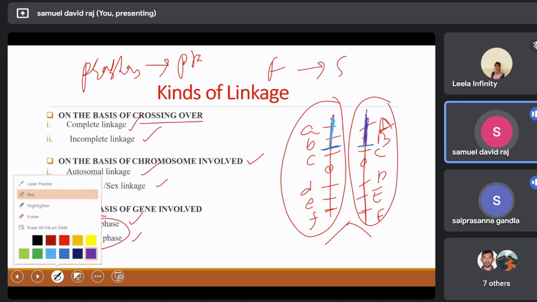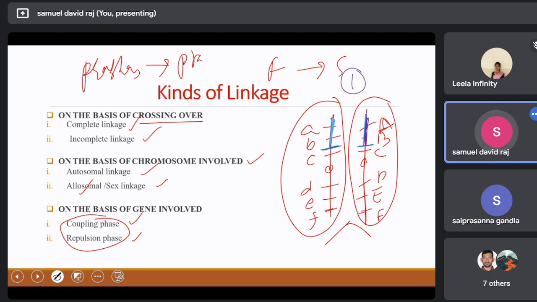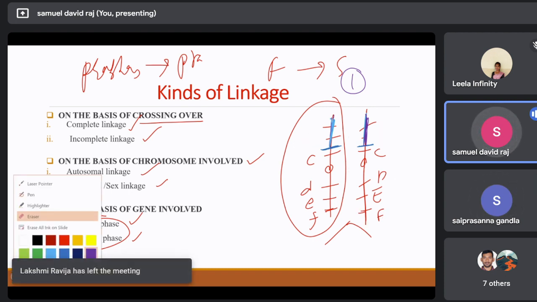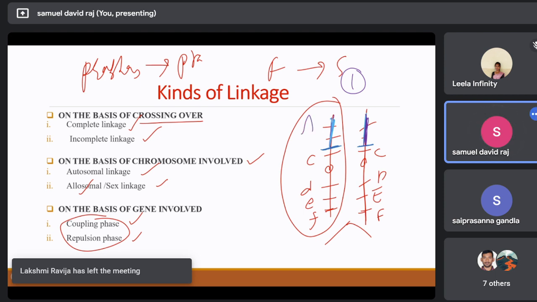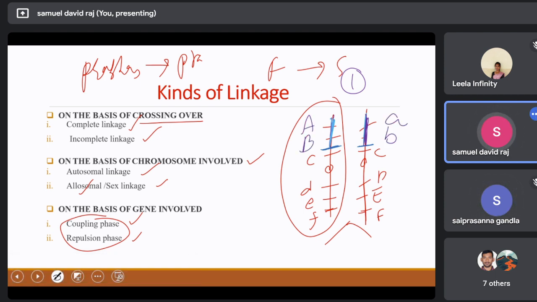Previously, small a, small b, small c, small d, small e, small f, capital A, capital B, capital C, capital D, capital E, capital F. And because there is a phenomenon of exchange of chromosomal segments between a pair of homologous chromosomes, which is called crossing over, now the new combination is like this: capital A, capital B here, small a, small b here.